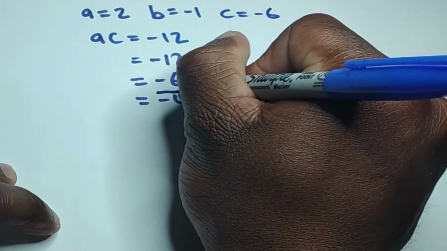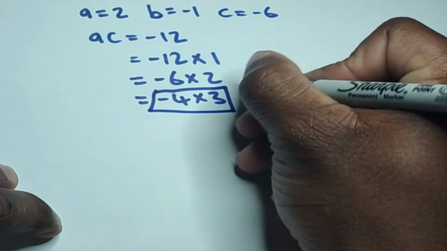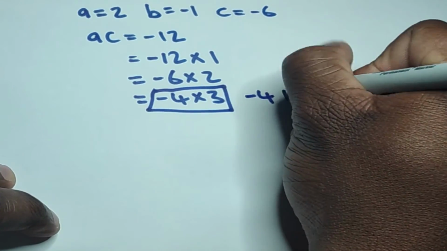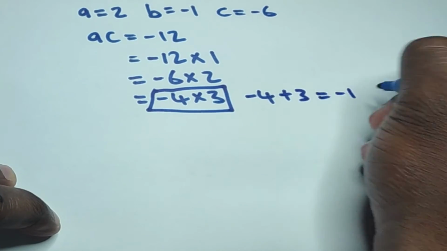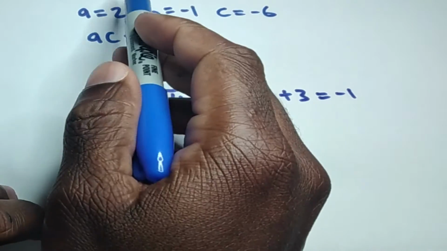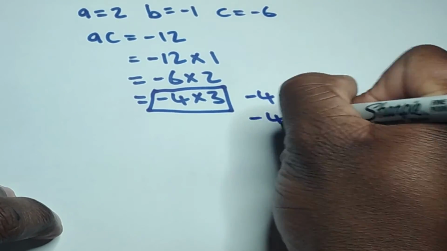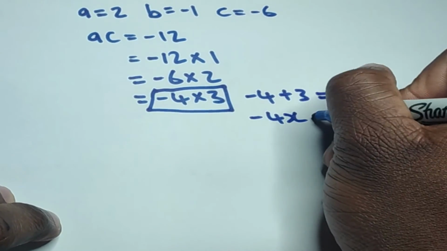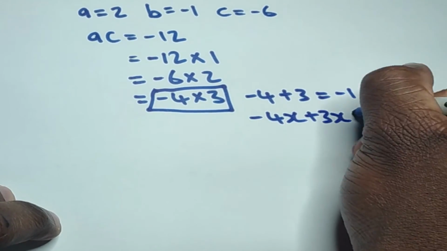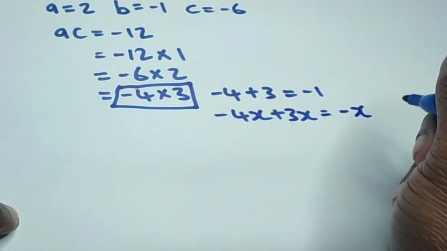Of course, it would be this one, because negative 4 plus 3 will give us negative 1, which means we can expand this negative x. We can rewrite that as negative 4x plus 3x, which is the same thing as negative x.